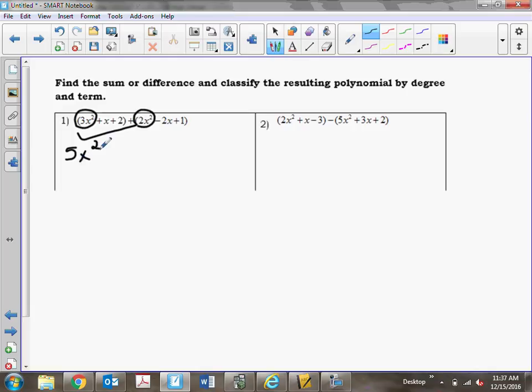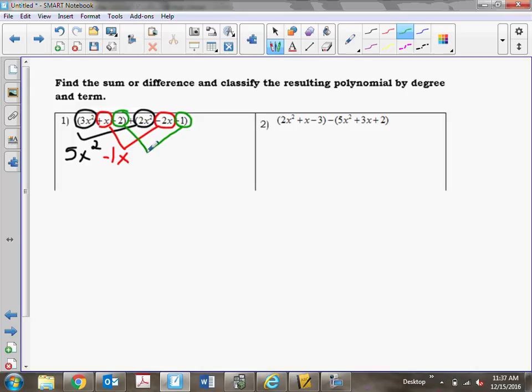Another thing that is a like term is this x and this negative 2x. Well, x and negative 2x combine to being a negative 1x. And then the last like terms that we have on this problem is a 2 and a 1.